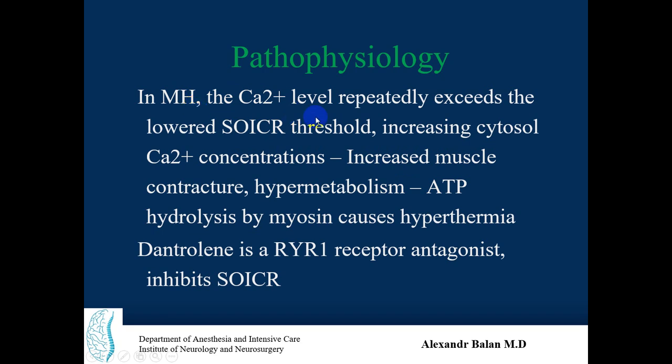In malignant hyperthermia, the calcium level repeatedly exceeds the lowered threshold, increasing cytosol calcium concentration. As these are triggered, there is increased release of calcium, increased muscle contracture, and hypermetabolism with consumption of ATP and hydrolysis of it by myosin, which causes increased temperature or release of warmth, increased contraction, increased consumption of ATP, and increased release of warmth.